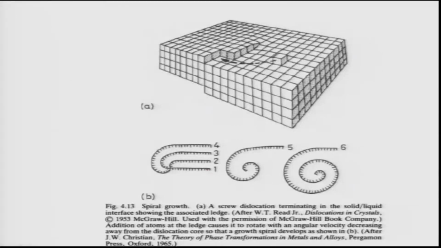So the screw dislocation is another way of creating a ledge or a surface structure where these atoms can attach. So one is 2D nucleation, otherwise the screw dislocation. These are the two basic things which people see here.